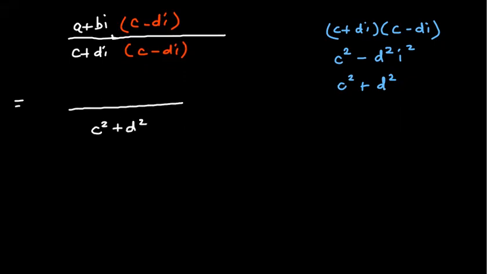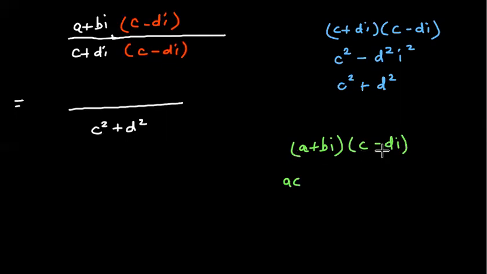Now let's see what will happen in the numerator. In the numerator, what I'm going to have is a plus bi multiplied by c minus di. So this is a times c is ac.